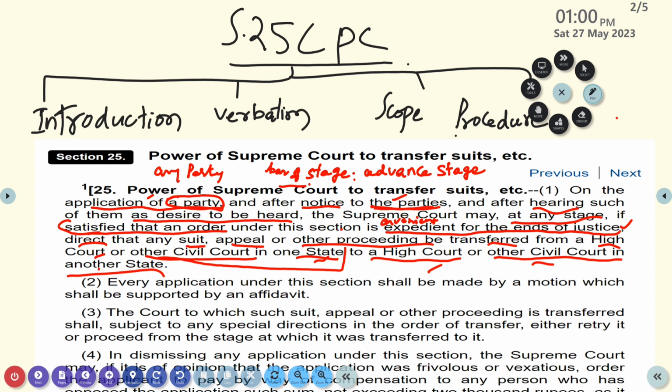Okay, so that is section 25, class 1. Now come to class 2, class 2 regarding procedure. So now we see one aspect. What is the total essence of section 25?